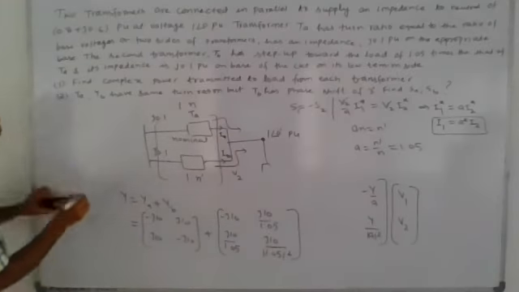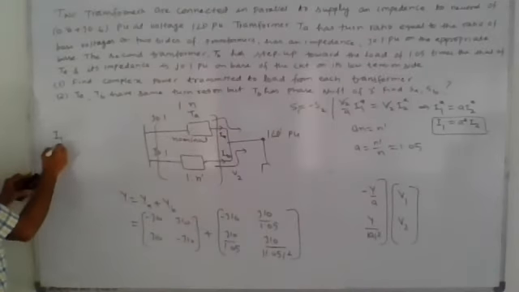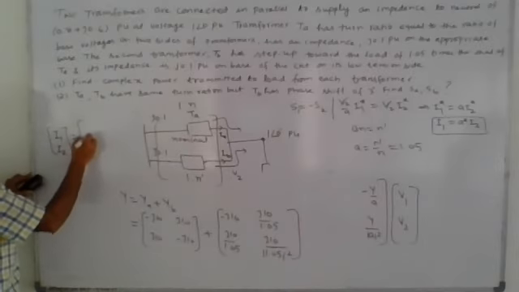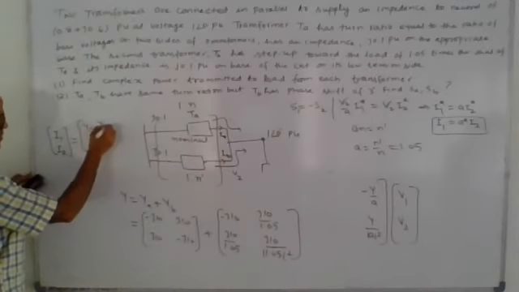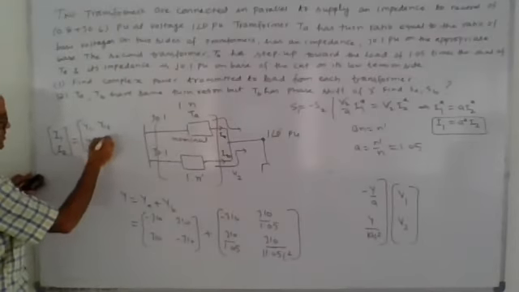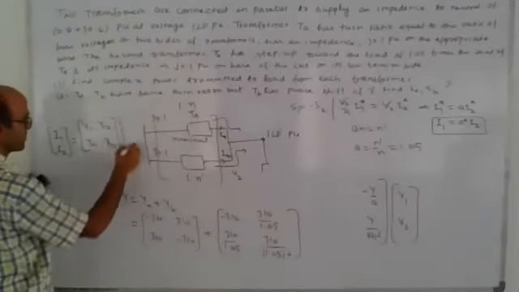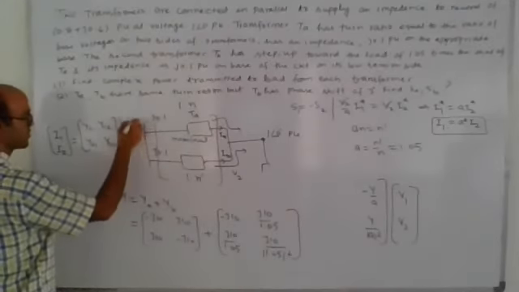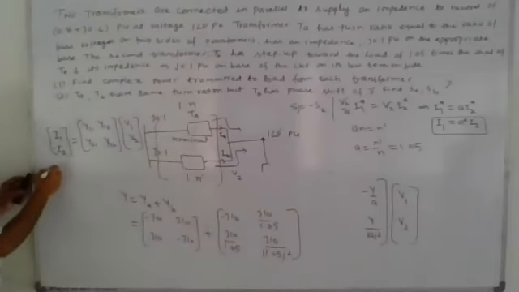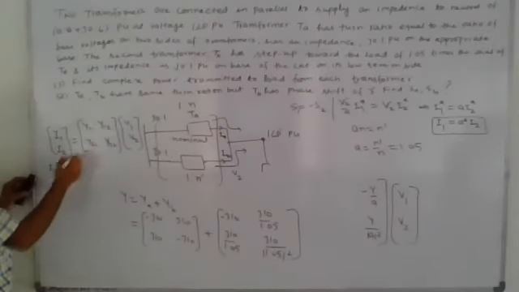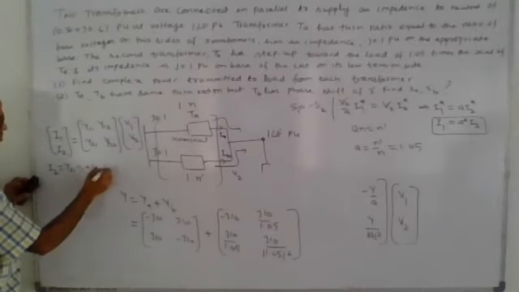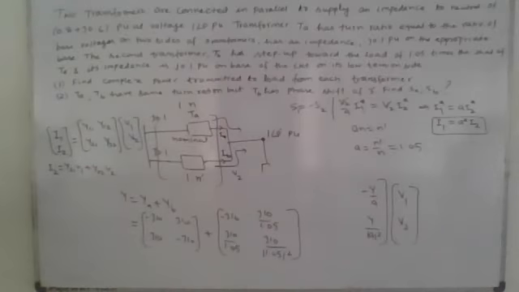If you are writing this in matrix form, this is I1, I2, nothing but Y11, Y12, Y21, Y22, E1. So if you are writing I2, so I2 is what? Simply multiply Y21 B1 plus Y22 B2. So in that way you are finding I2.